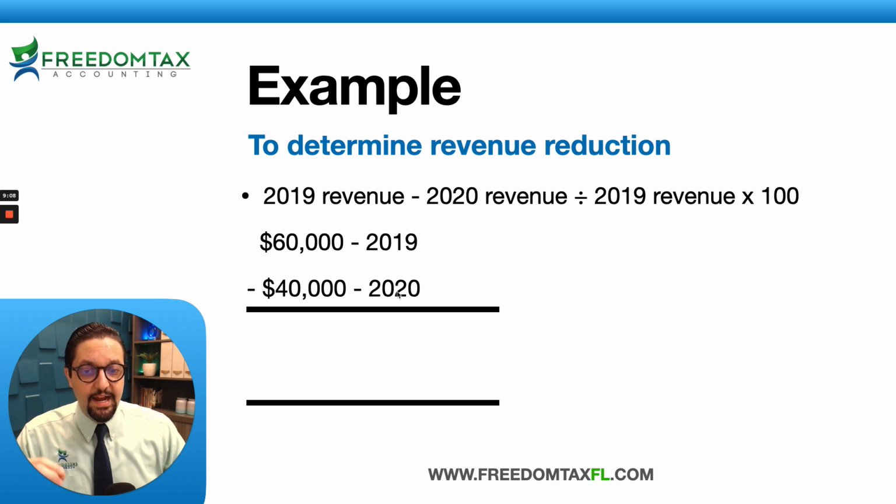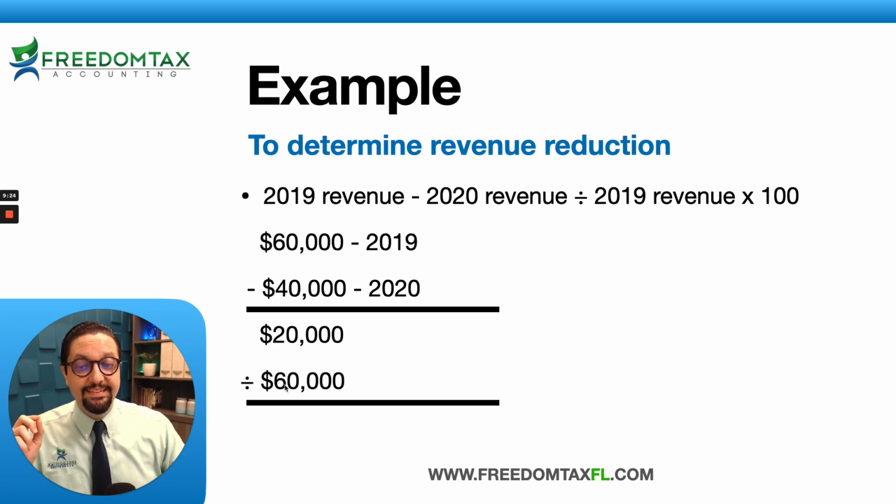Once again, either the annual or the total revenue of a quarter. So that's $60,000 for 2019 minus $40,000 for 2020. That's $20,000. Now you take the $20,000 and divide it by the $60,000 that are the 2019 revenue.